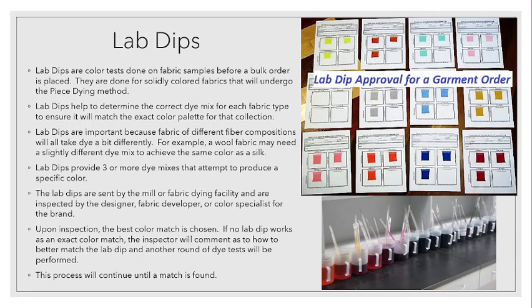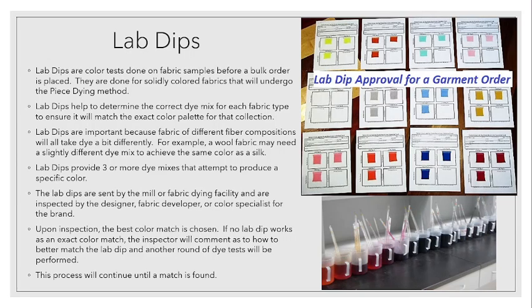Lab dips. Lab dips are color tests done on fabric samples before a bulk order is placed, and many times before even sample yardage is placed. Typically, when developing fabrics, designers will go through 3 stages. The development stage, in which color is defined and different patterns are defined with the mill.